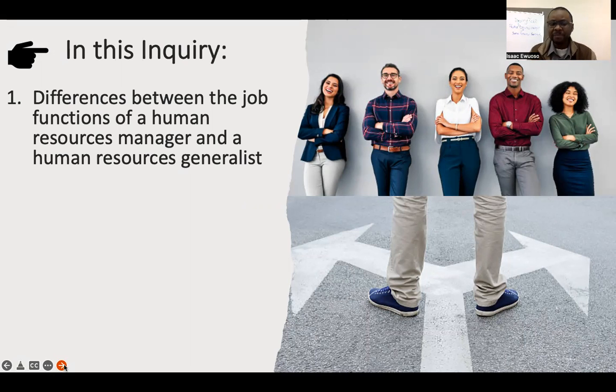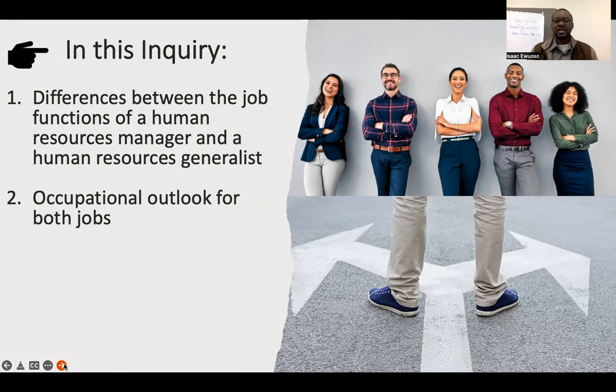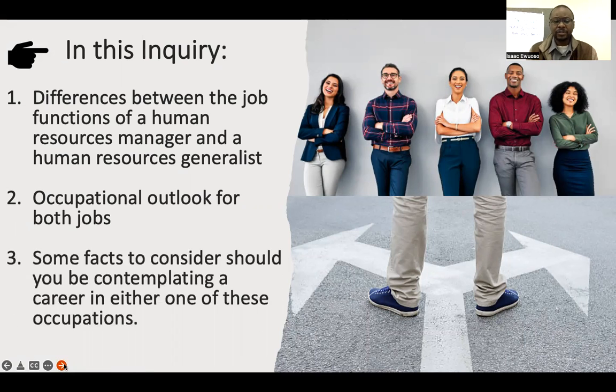They're basically the same. Secondly, we're going to examine the occupational outlook for both jobs as given by the United States Bureau of Labor Statistics. Third, we're going to examine some facts, should you be interested in a career in any one of these fields.